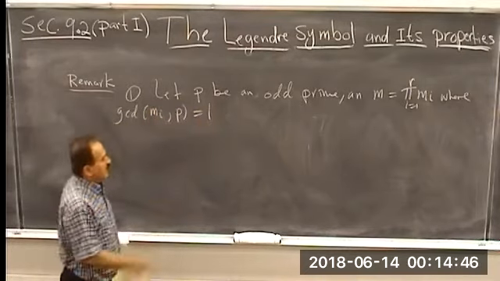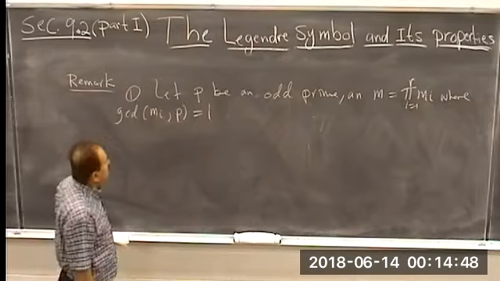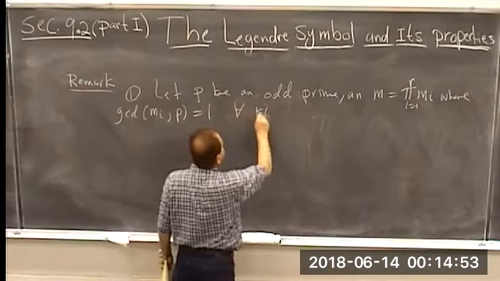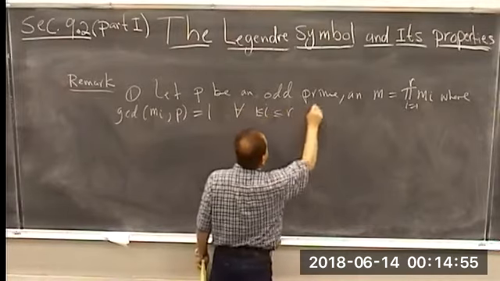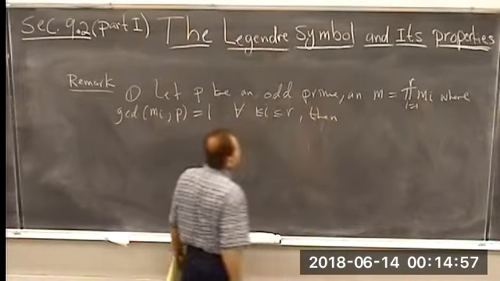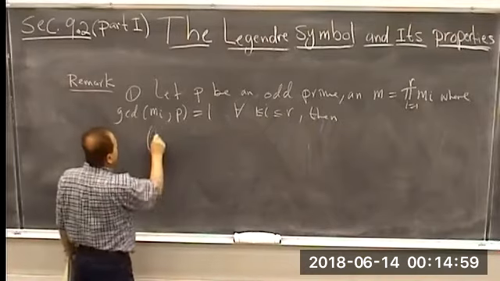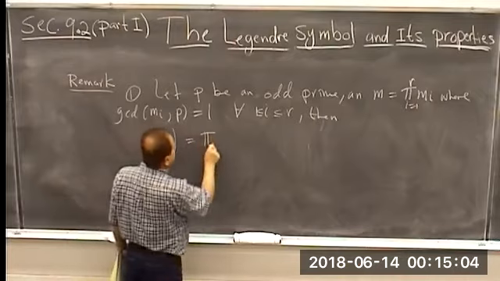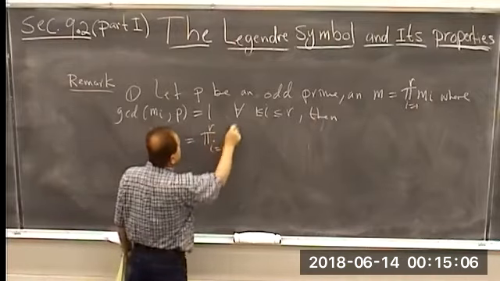These are relatively prime. Then the Legendre symbol of m over p, not very hard to see this, is going to be the product of the Legendre symbols of m_i over p.